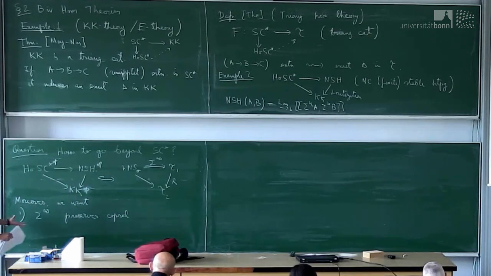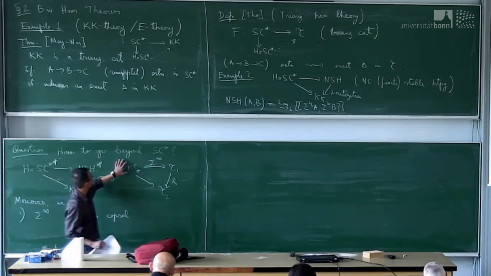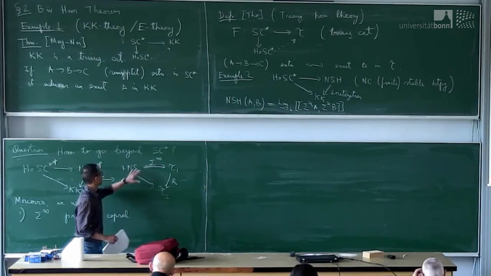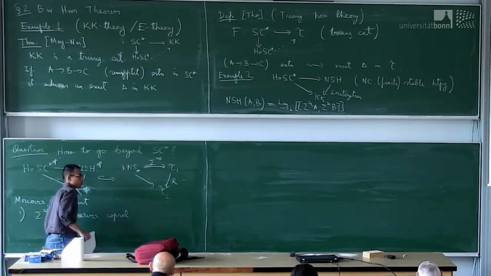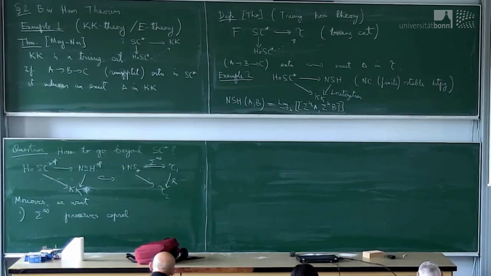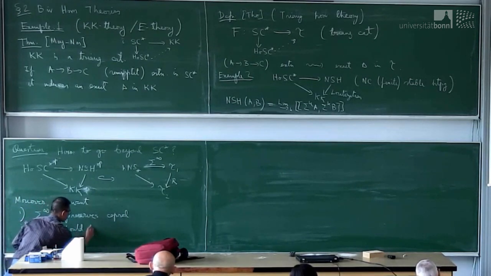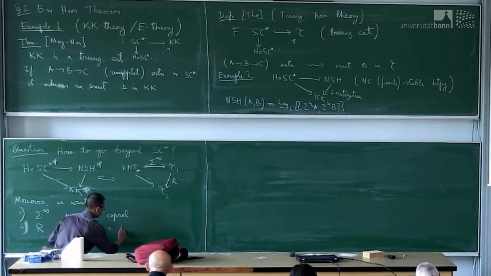Plus it should have some more compatibility. This will actually be a symmetric monoidal category, so it should be a symmetric monoidal functor. It won't play a major role, so I don't want to write that down. And number two, this R should be Bousfield localization.